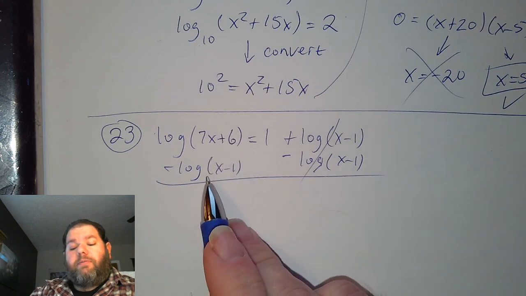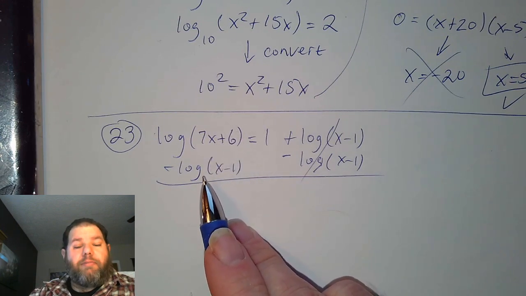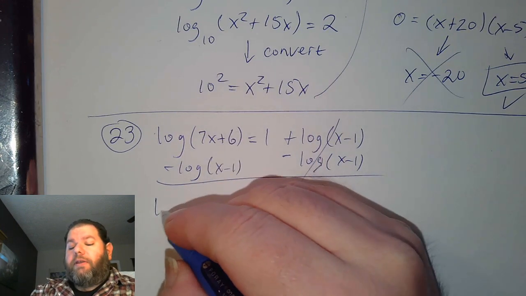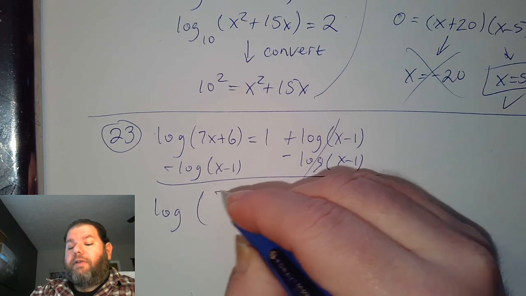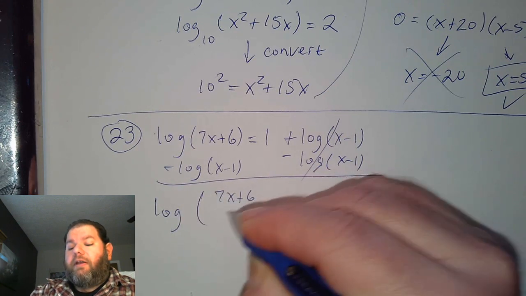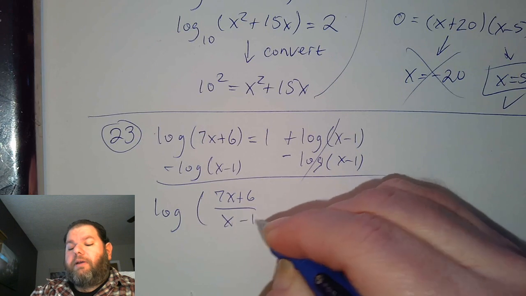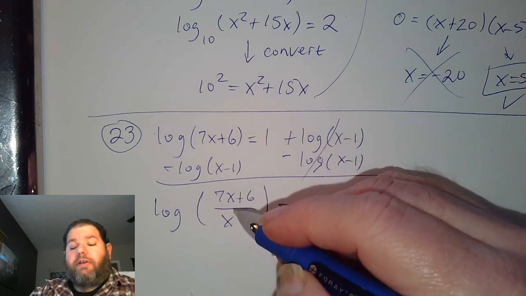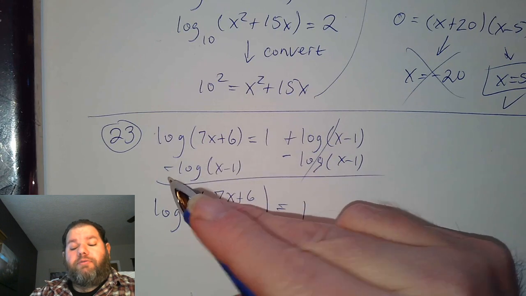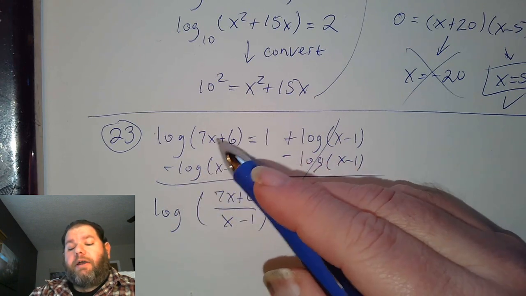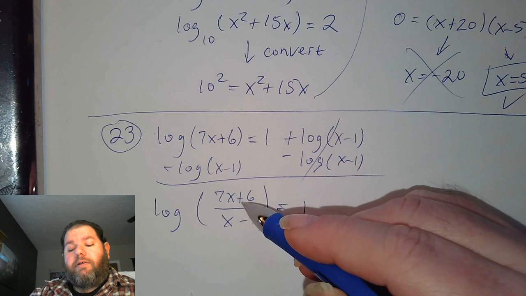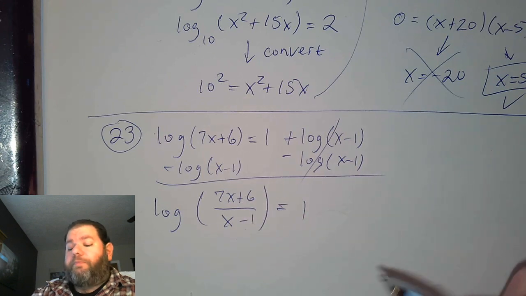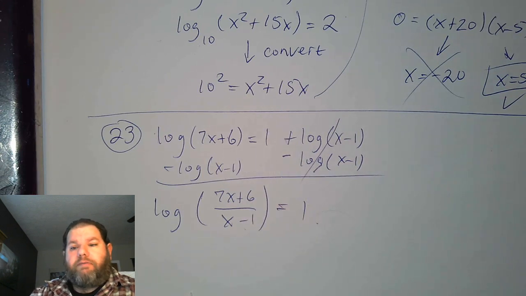Now these are being subtracted, so we know that we can combine those. We'll make that log of 7x plus 6 divided by x minus 1. Now that they're on the same side together, we can combine them, and because they're subtracted, we combine them by dividing what's inside, as so. We just have a 1 left on the right hand side.